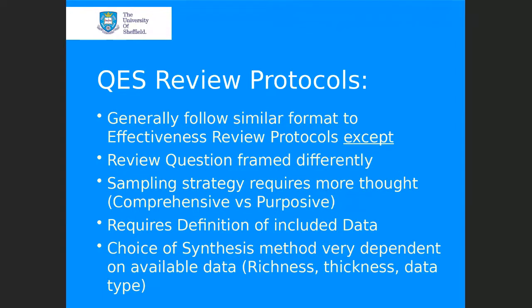The sampling strategy is another area of a QES review protocol that requires more thought. The default for most systematic reviews is a comprehensive search strategy, but if what we're trying to do is more about enlightenment, then we might choose to sample extreme cases.